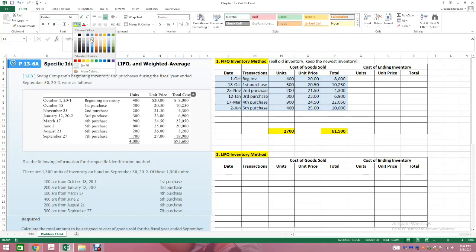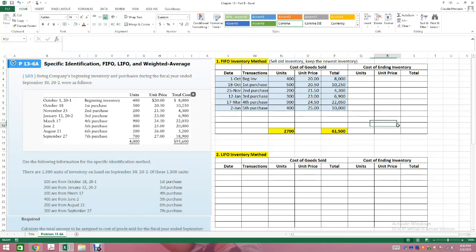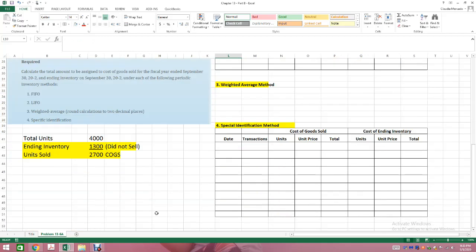That represents the goods that you sold. Now we're going to figure out the goods that you did not sell. That is your ending inventory. I have 1,300 units that you did not sell. You still have those units sitting in your warehouse. How much are those units worth?